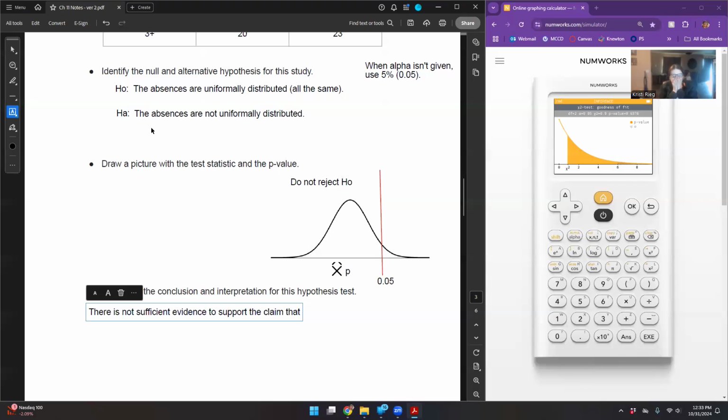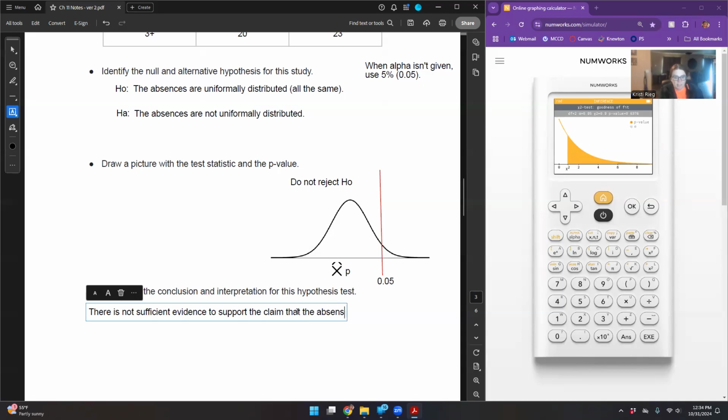So you can't get mad about this one because I did not make the rules. This is just how math is. Sometimes math and English aren't always friends. So there's going to be lots of nots in here. Do not reject means there's not sufficient evidence to support the claim. What's the claim? The absences are not uniformly distributed.